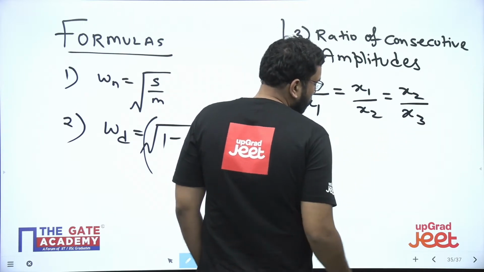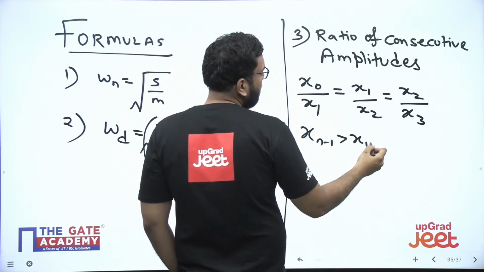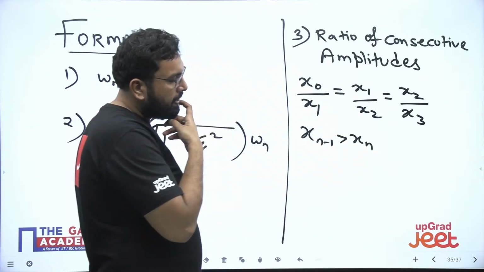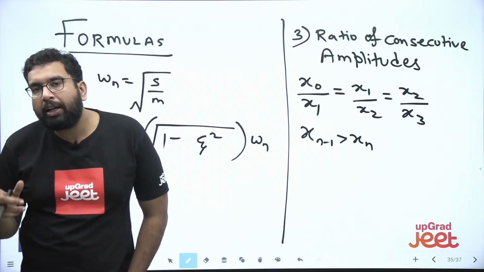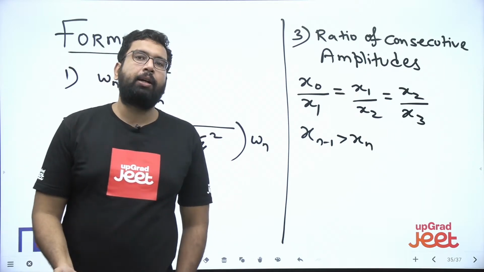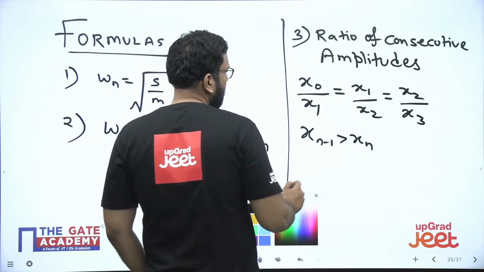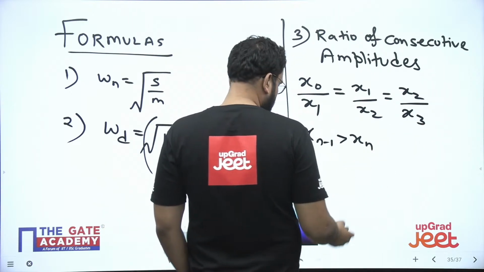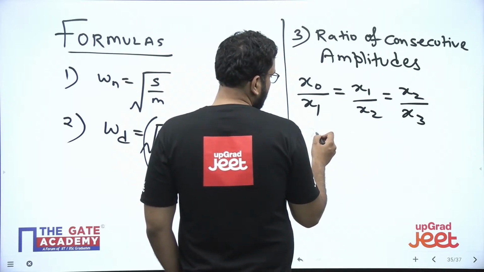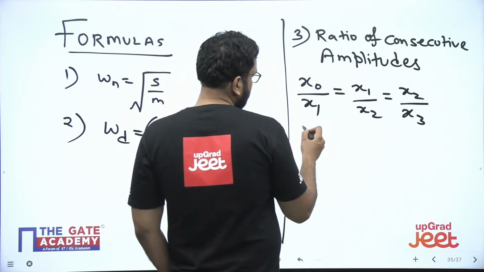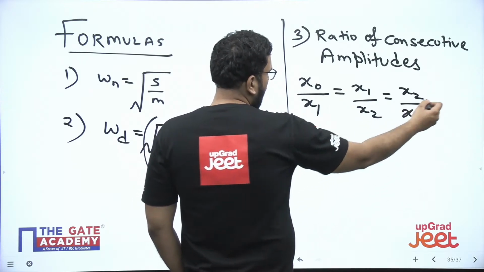As you see, the previous amplitude will always be greater than the upcoming amplitude. So we can write it as x n minus 1 upon xn. All are equal only.